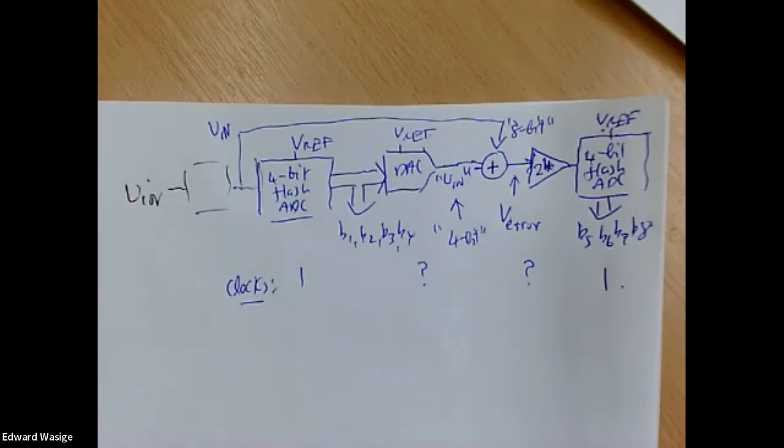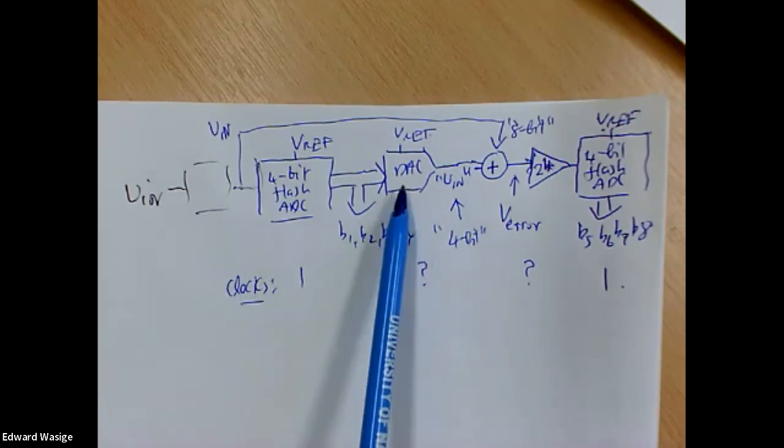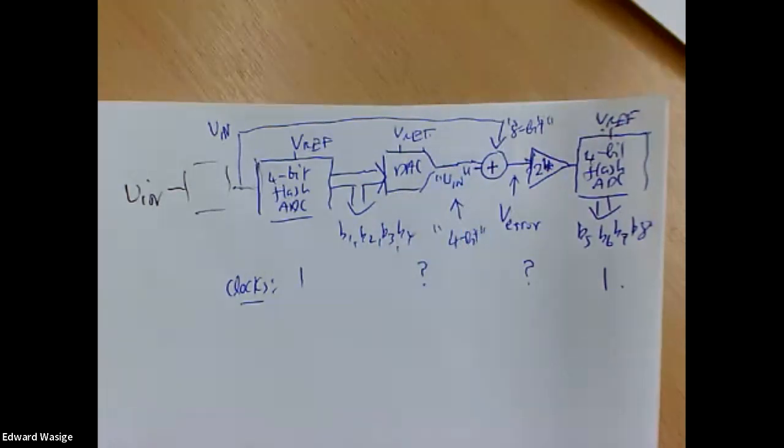Now, for the DAC, it doesn't need 4 clock cycles to convert the 4 bits into the analog equivalent. If you remember, the DAC is either weighted capacitor or weighted resistor, and the switches are connected correctly depending on whether it's a 1 or a 0. So it shouldn't take 4 clock cycles.